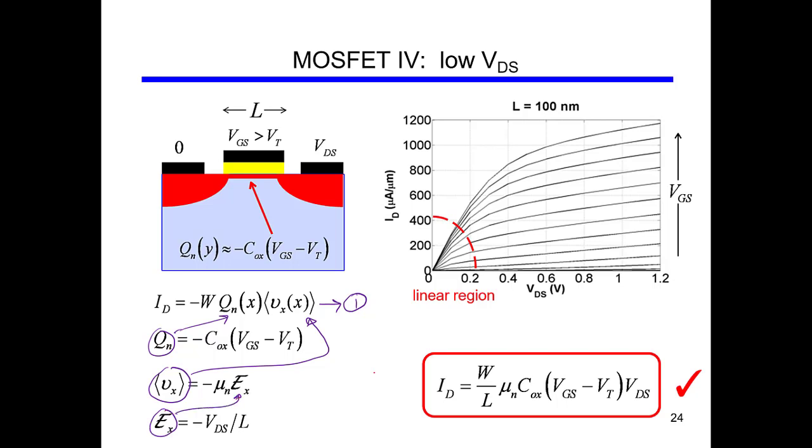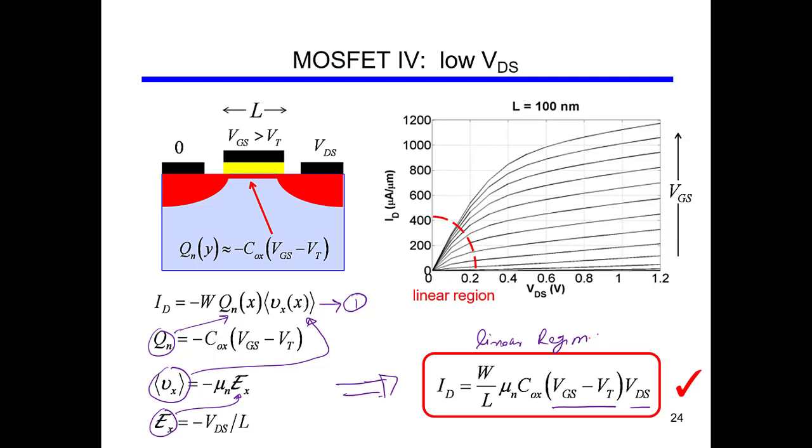Finally, if we insert all these things, we will get this equation. Now this is an equation that describes the current ID in terms of VGS minus VT and in terms of VDS. And in which region? This is the equation for the linear region.